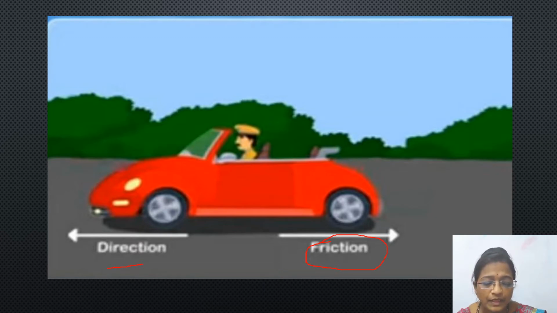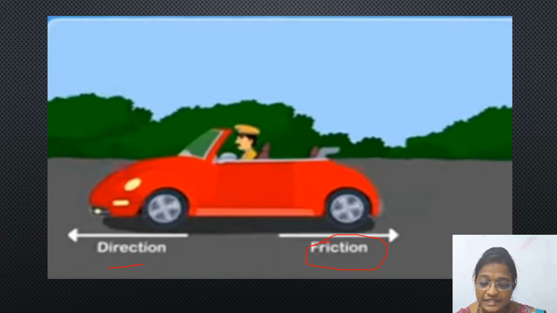Okay, so it plays an important role in our daily life. We should agree with this, isn't it? So friction plays an important role in our daily life. So let me tell you how. Okay, so we are able to walk, isn't it? Because of the frictional force between our foot soles and the ground. Because of the friction only we are able to walk.